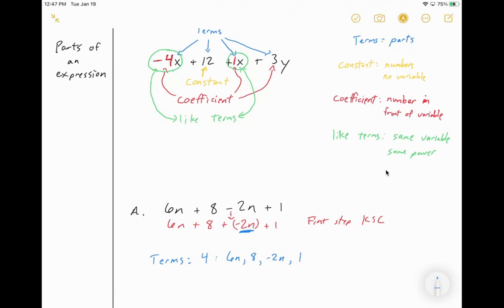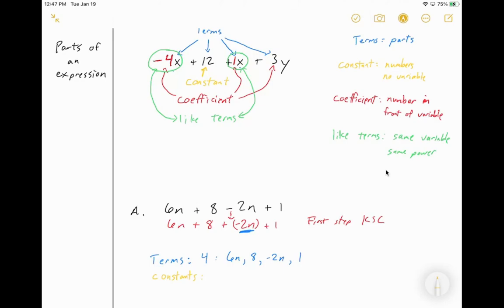Negative 2n. Okay. Do I have any constants? What are my constants? What are my numbers? Again, I would change all of my subtractions to addition so that I can see that they're negatives, guys.